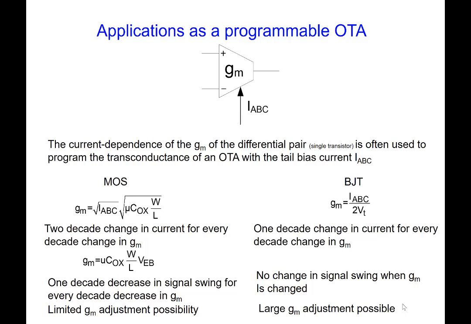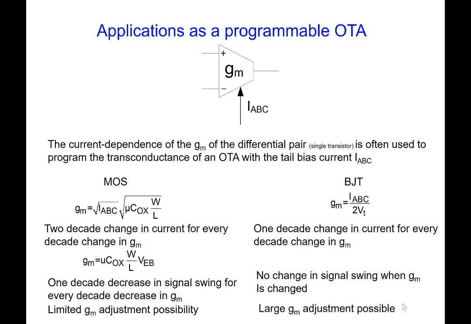And for the BJT, gm is equal to the bias current divided by 2 VT. So if we want to change the gm, it takes a 2-decade change in tail current to get a 1-decade change in gm.